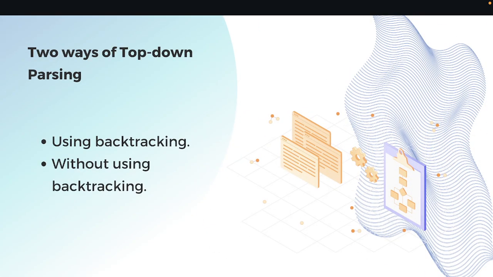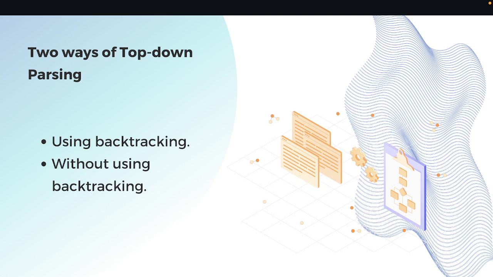Some points of top-down parsing: it uses the leftmost derivation approach to construct the parse tree of the text, as we discussed. The top-down parser in NLP does not support grammar having common prefixes.